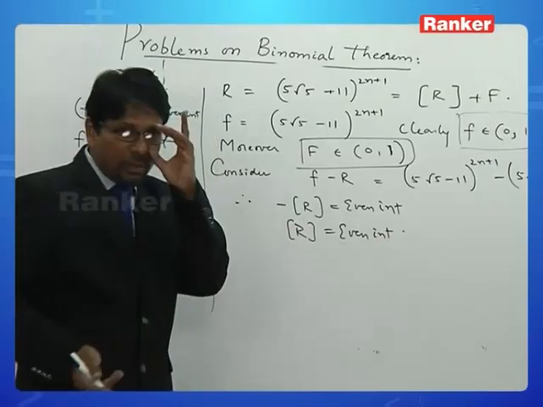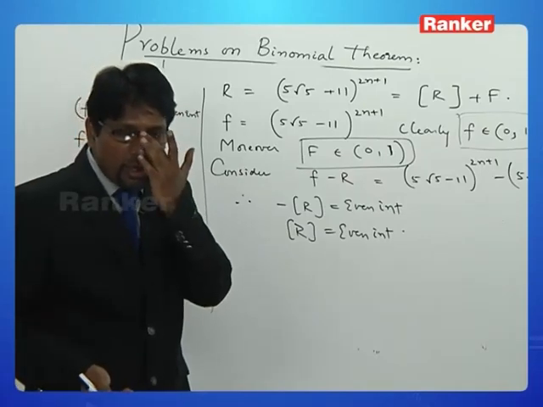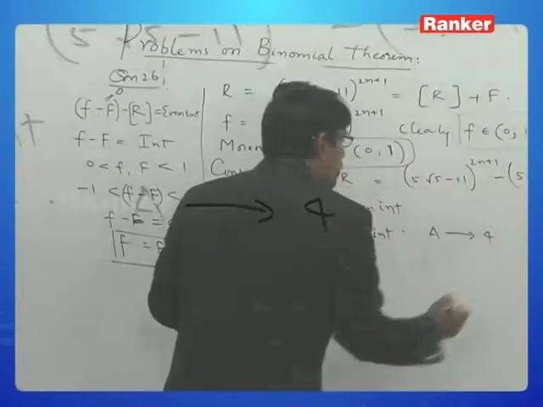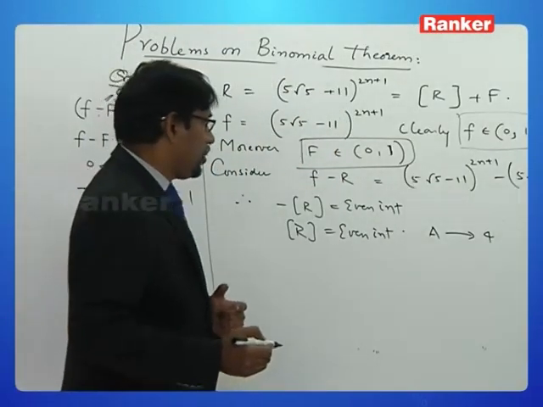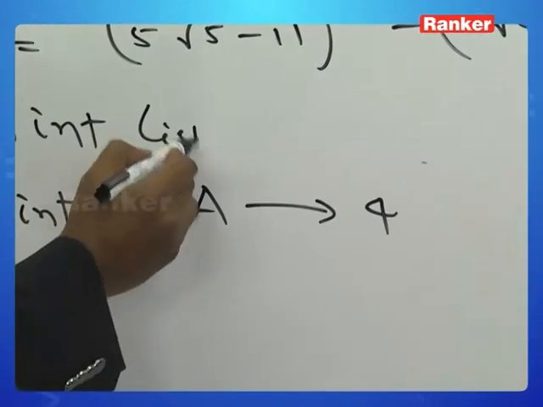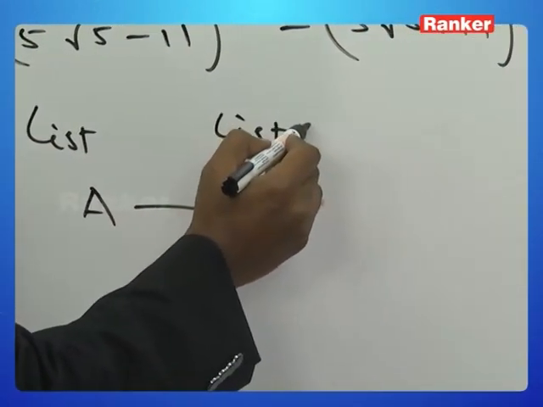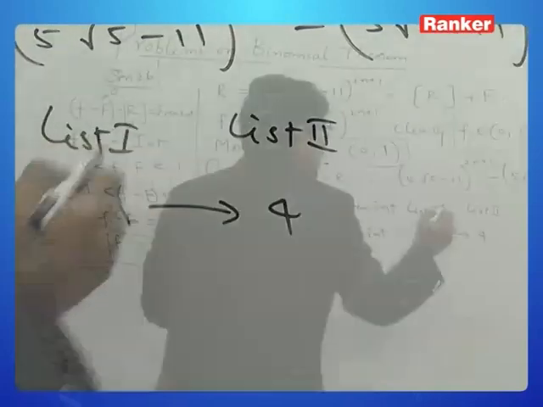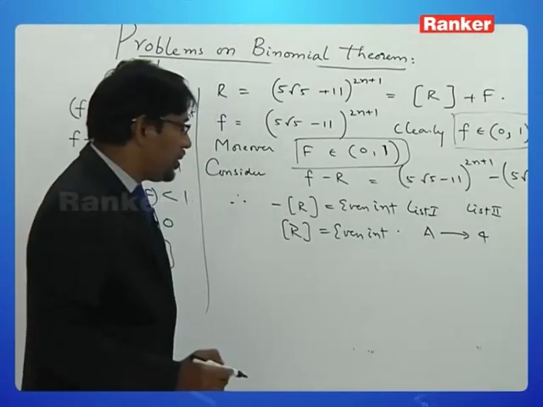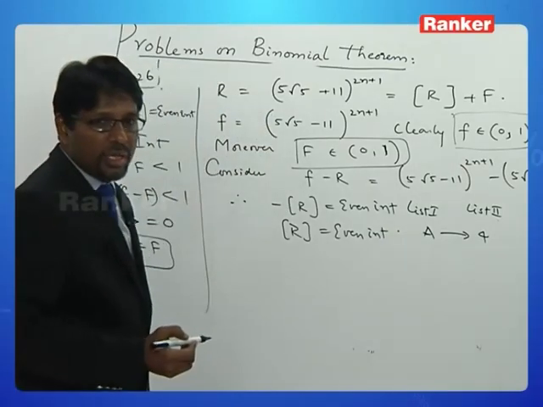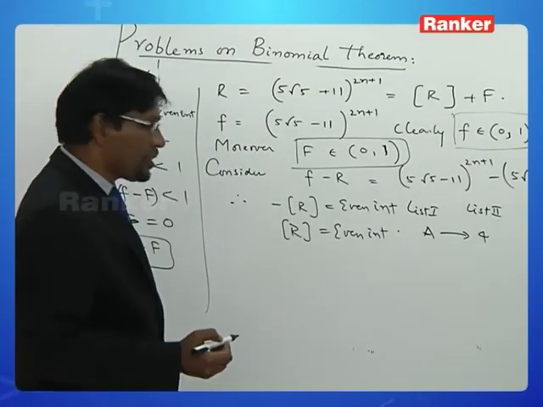So clearly A has to be matched with 4. In list 1, A has to be matched with list 2, and the fourth option is even integer. So bracket R has to be definitely an even integer.